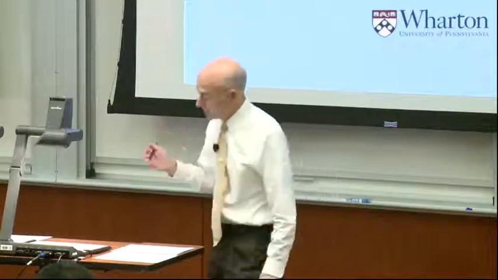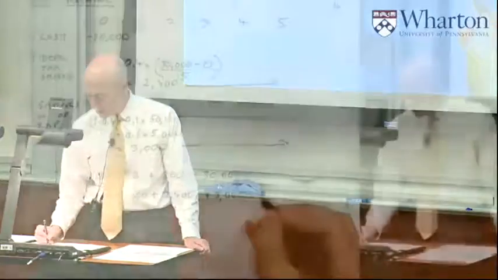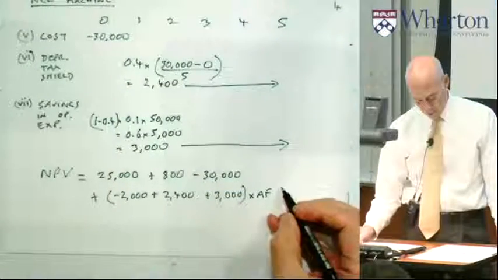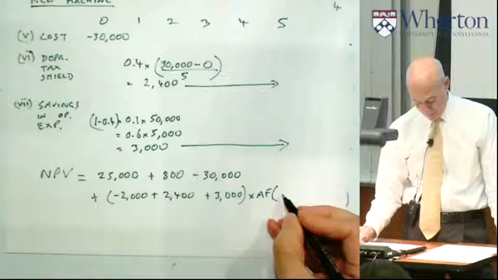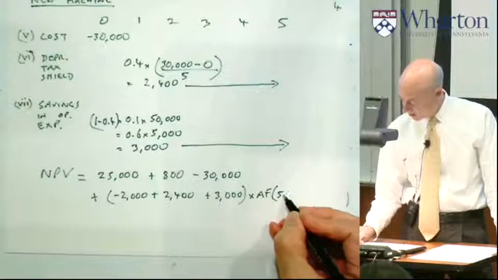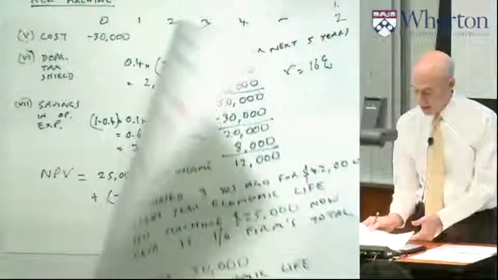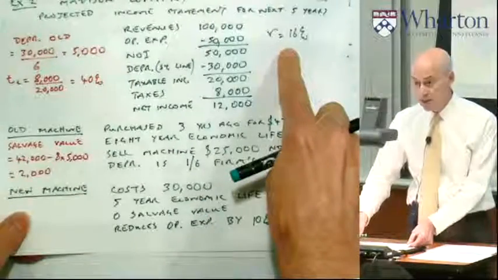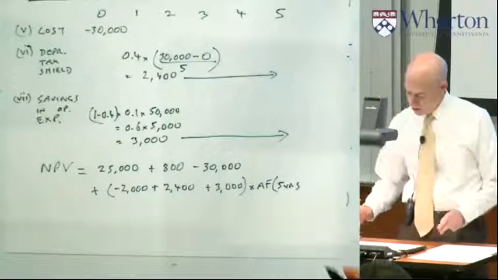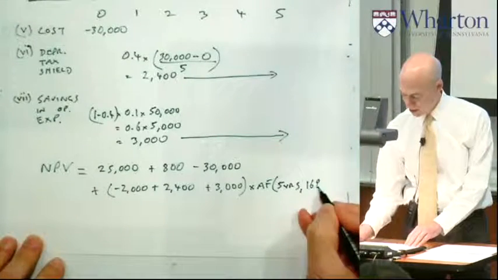What is that? Annuity, so we multiply by the annuity factor for 5 years. And then the discount rate is 16%, so we use a 16% discount rate.